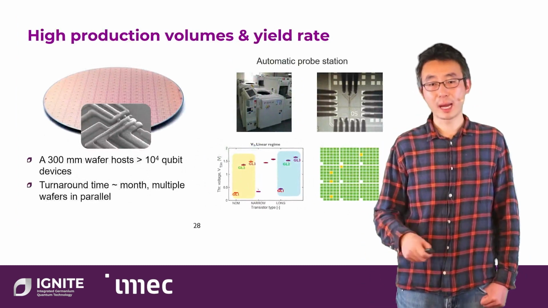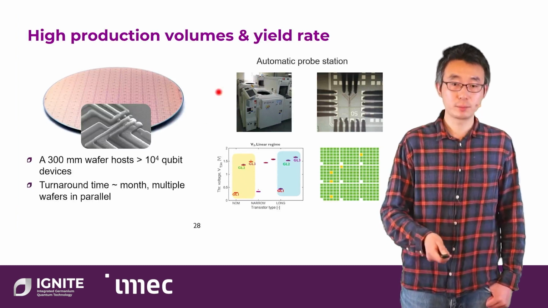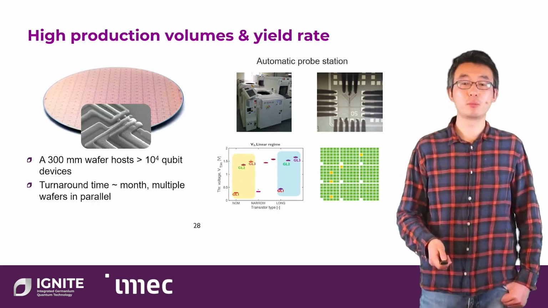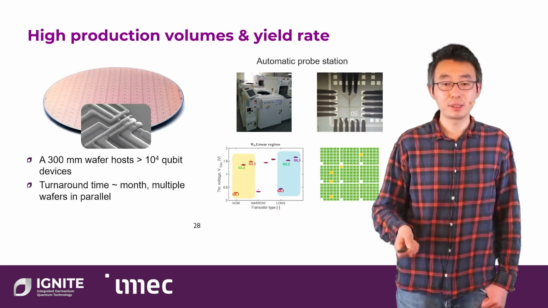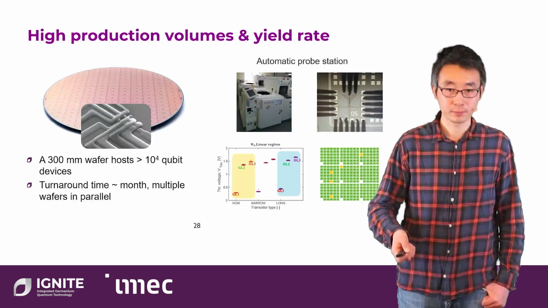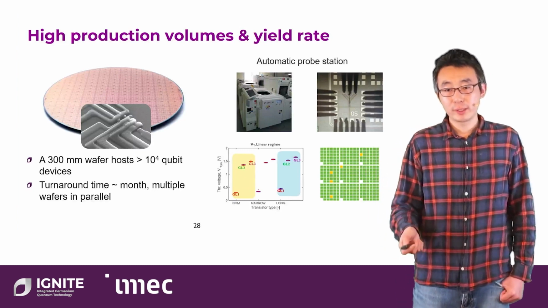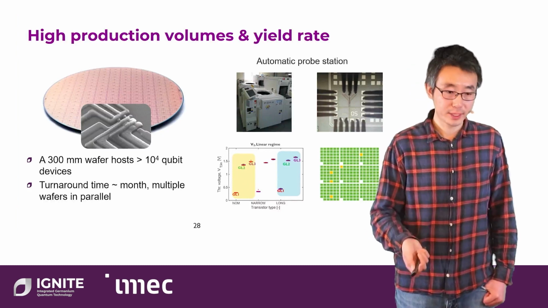Another aspect is the high production volume and also the yield rate. On a 300 millimeter wafer, we can fabricate more than 10,000 qubits in each batch. The turnaround time is maybe on the month scale, but we can have multiple wafers running in parallel. On the yield side, we can measure that at room temperature with a probe station.